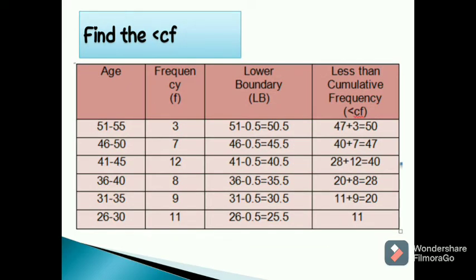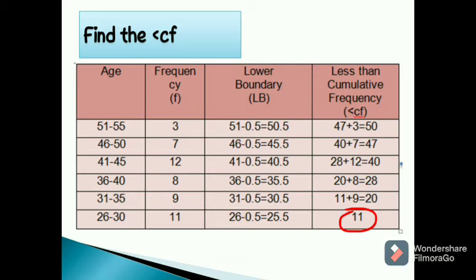Next, find the less than CF. To find the less than CF, we simply add the frequency continuously. As you can see here, our first class has 11, so our less than CF is 11.